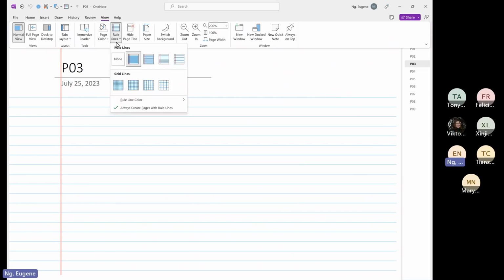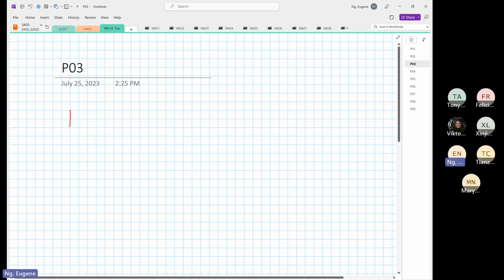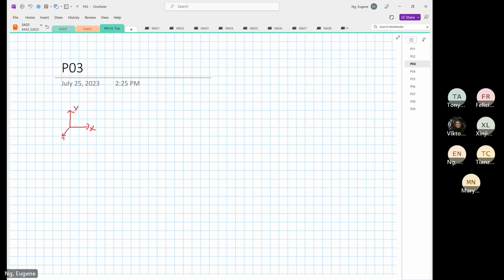Okay, let's look at another stress state. So again the same, the stress is 100. So this is our X, and this is our Y, and this is our Z, and we do a 3D Mohr circle again.